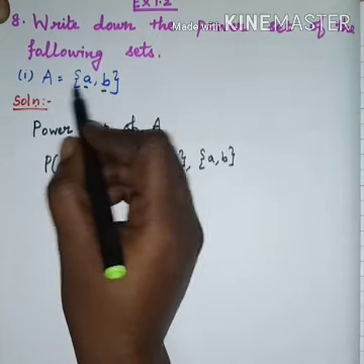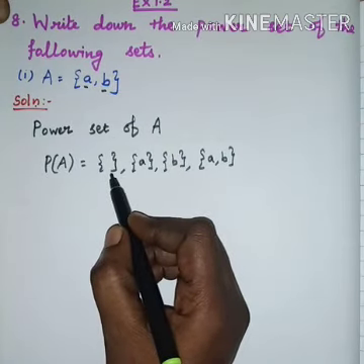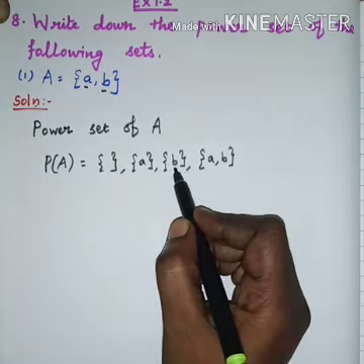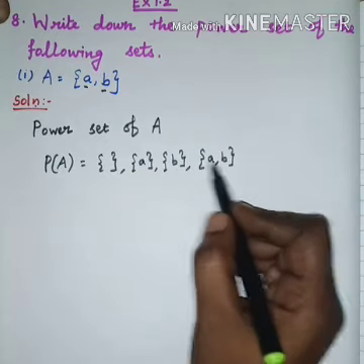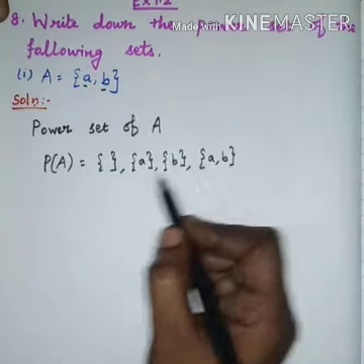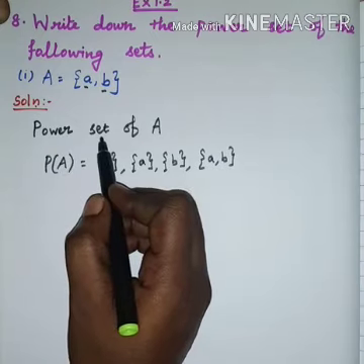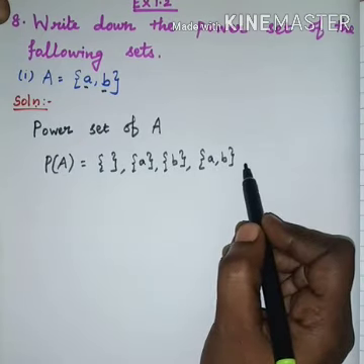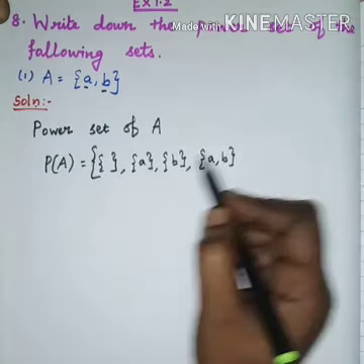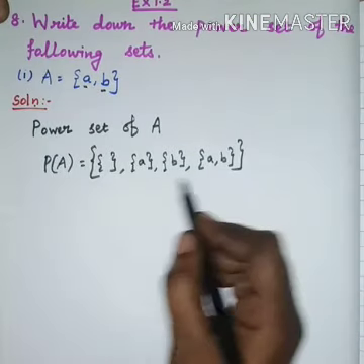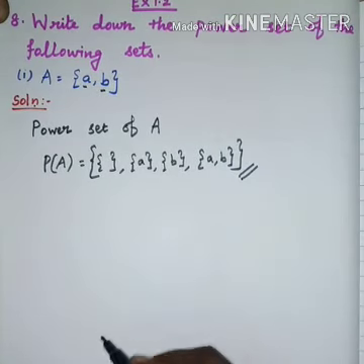The subsets of set A are the empty set, the first element {a}, the second element {b}, and finally all the elements of A, {a, b}. Power set is nothing but the set of all subsets, so we have to cover these subsets inside the set bracket. This is the answer.